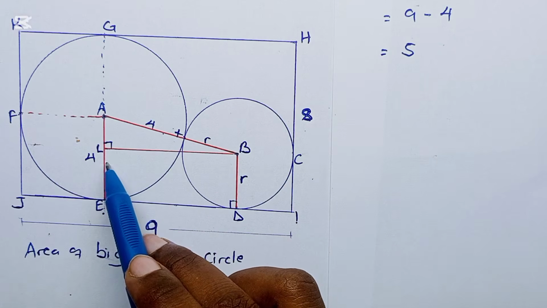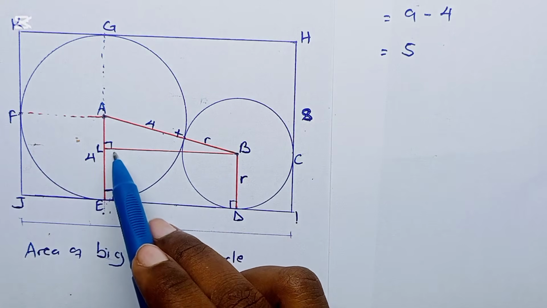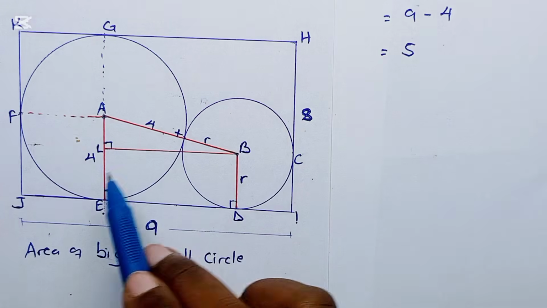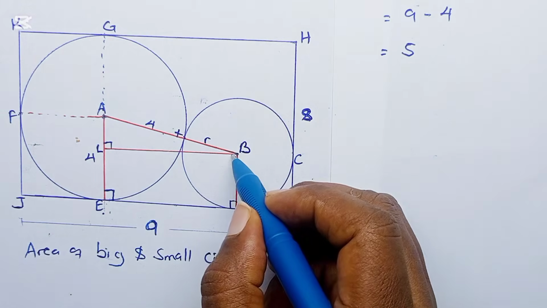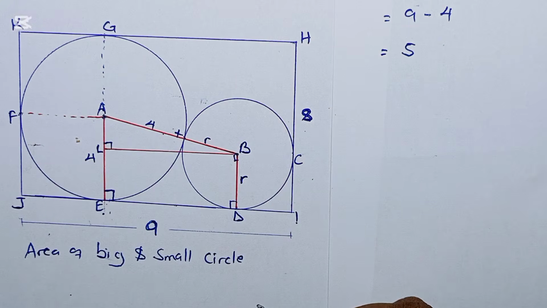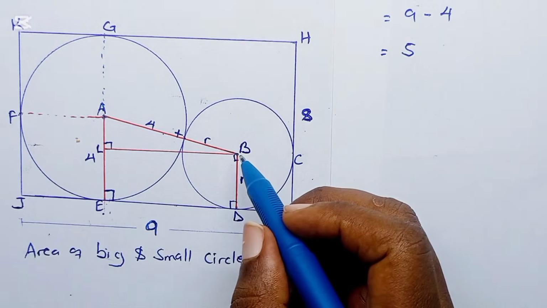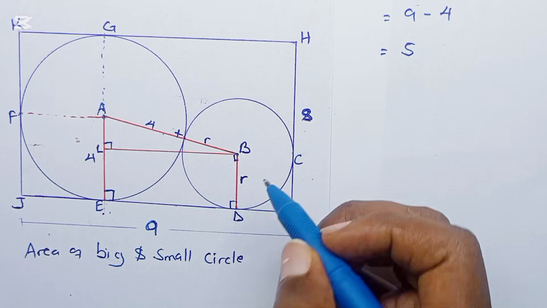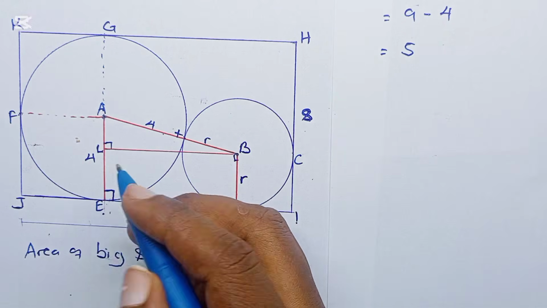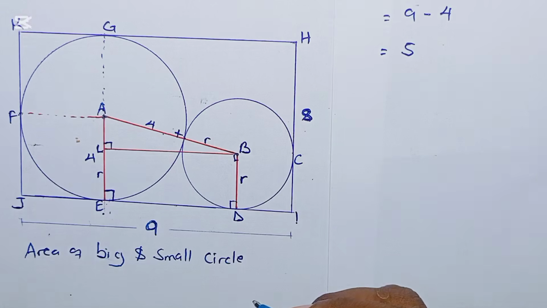Since this is 90 degrees, this is also 90 degrees. So as you know, all angles of a rectangle are 90 degrees. Now since BD is radius r, that implies that also LE is r. Okay?